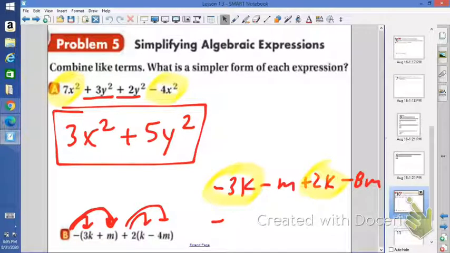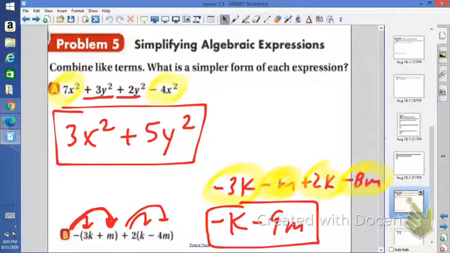Now instead of writing negative 1k, we just write negative k. And then we have a negative m and a negative 8m. So a negative m is really saying negative 1m. So negative 1m minus 8m, that's going to give us a negative 9m. And that's the answer.